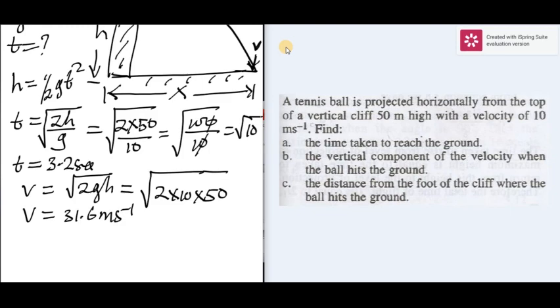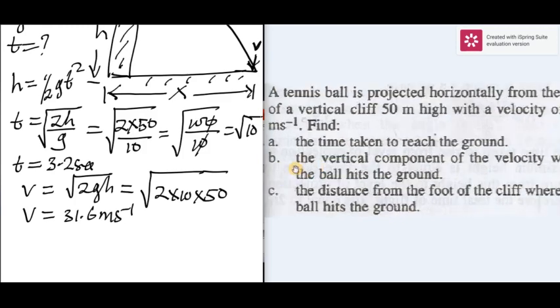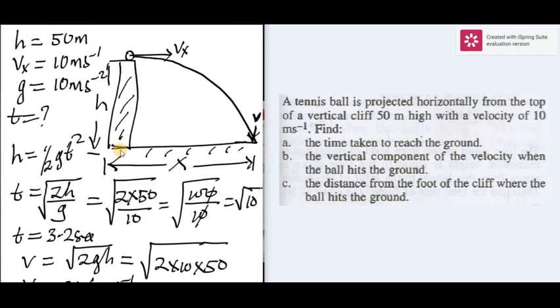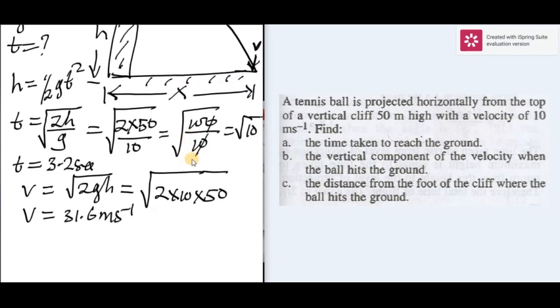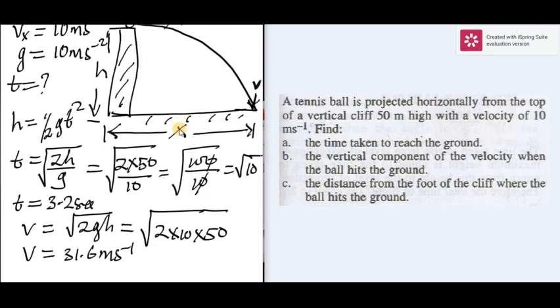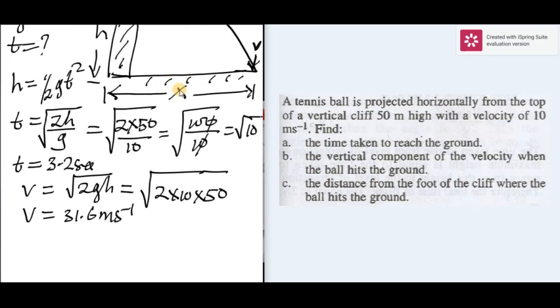The last question asks for the distance from the foot of the cliff where the ball hits the ground. I checked the question very well. This distance here, from there to here, is what they are referring to, this distance x. The relationship between this distance x and the initial velocity is expressed as x equals u times t.